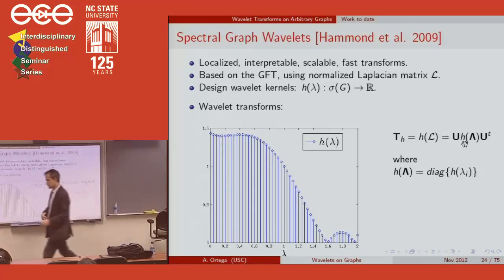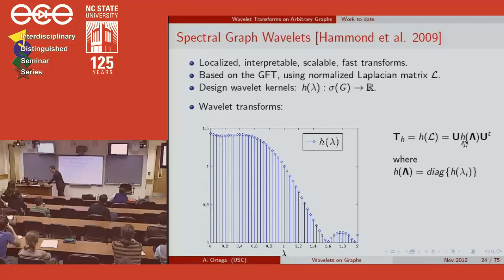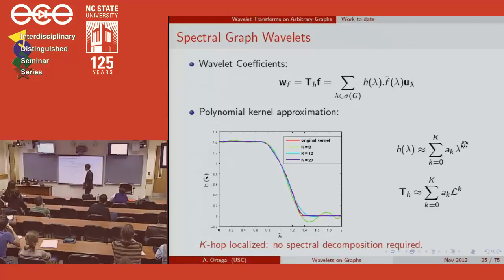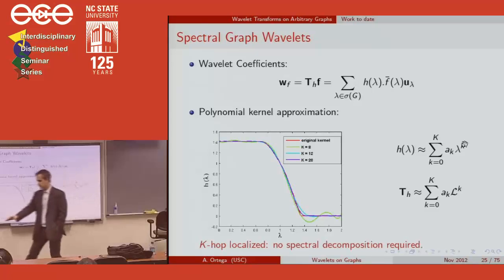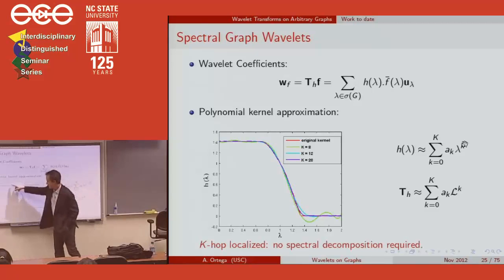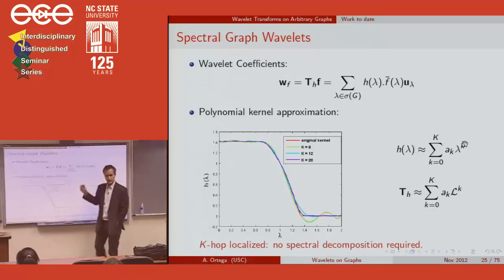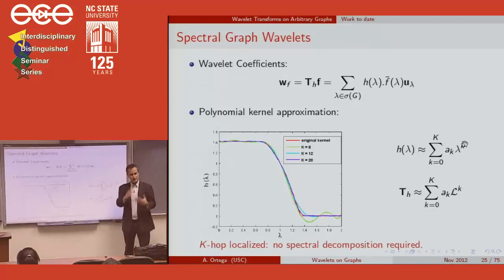Okay, there's one more step, which is that if you take a profile and you make it a polynomial, so if this h of lambda is a polynomial of degree k, that operation is actually K-hop localized in the graph.